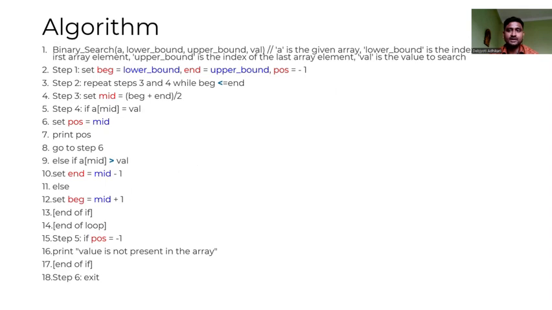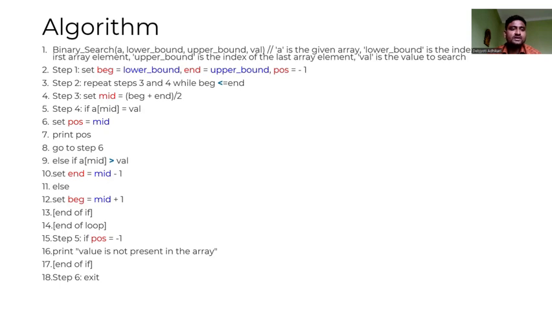Algorithm here. Given algorithm, binary search, with parameters A, lower bound, upper bound, and val. What is A? A is the given array. Lower bound means the lower index of this array, upper bound means the higher index of the array, and val means the target value or the search value.